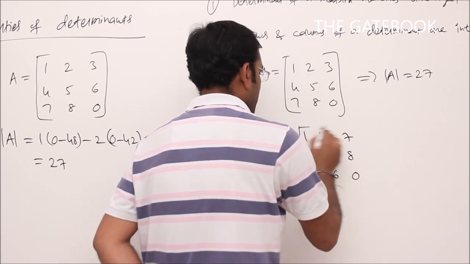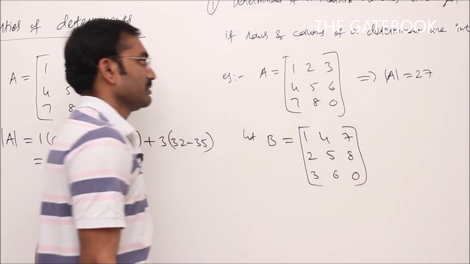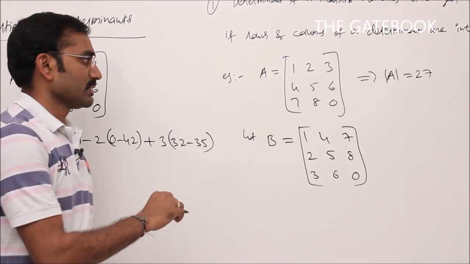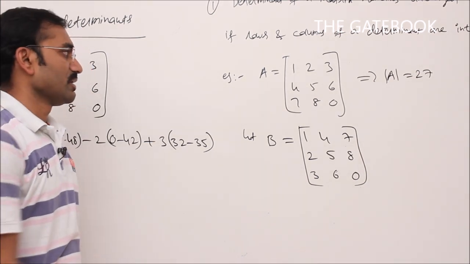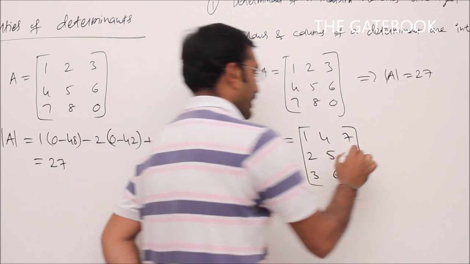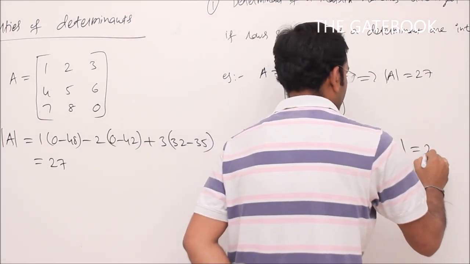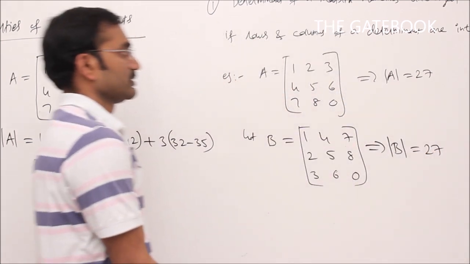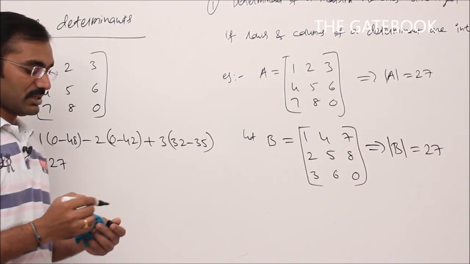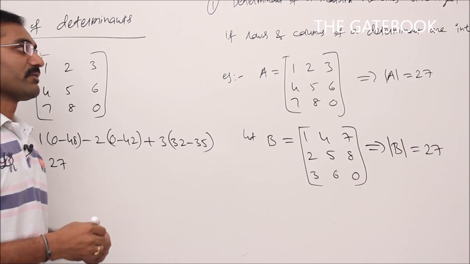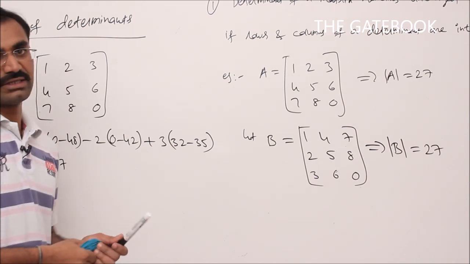Matrix B is obtained by interchanging all rows into columns of matrix A. If you find the determinant of B, the value will definitely be 27. This is the property: the determinant of a matrix remains unchanged if rows and columns are interchanged.